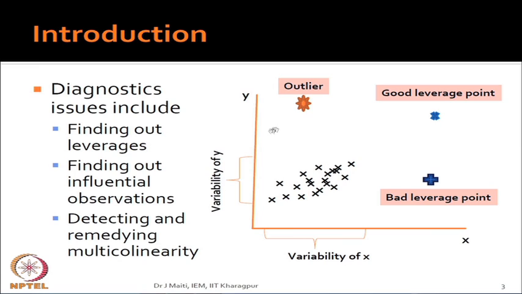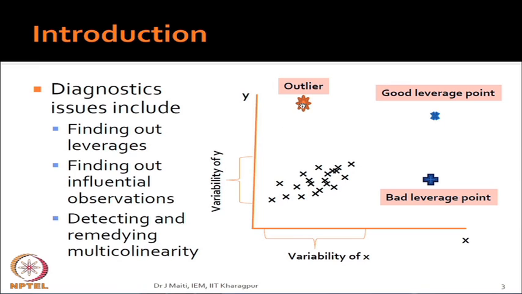Now, consider this point. Suppose one of the observations is like this. It lies that much distance away from the center of this mass of the points, but it lies in the direction of y. You see the variability of y is this one, and it is much away from that y portion.